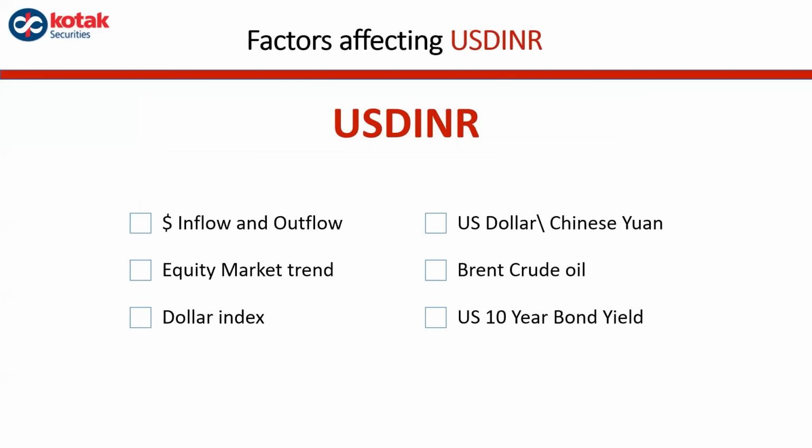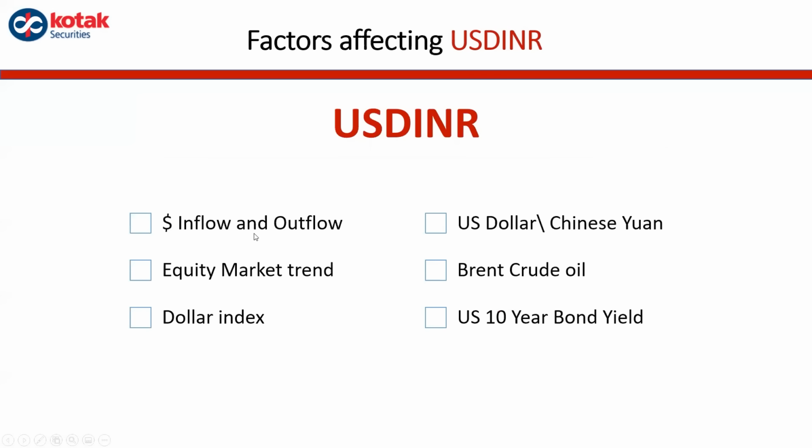So now that we know how to understand the quote, what the participation has been, we'll now take a look at what are the factors that drive the dollar rupee. Obviously, the chronology in which I'll be telling has got no meaning. I'm just going with the flow.